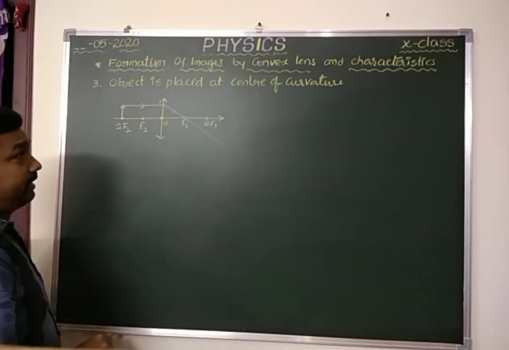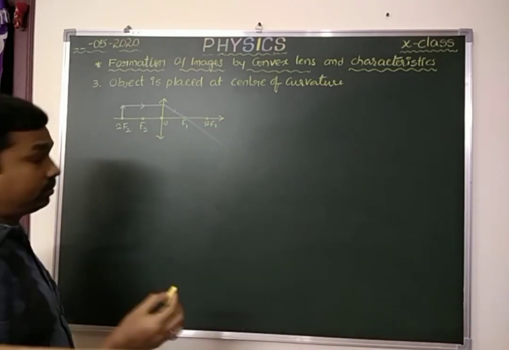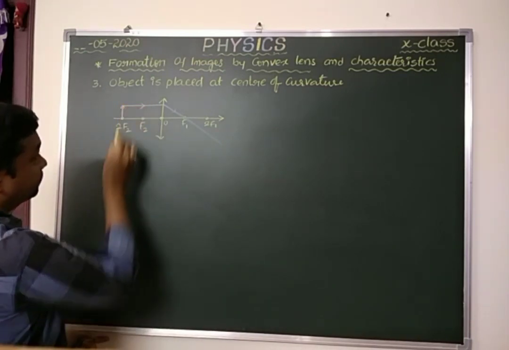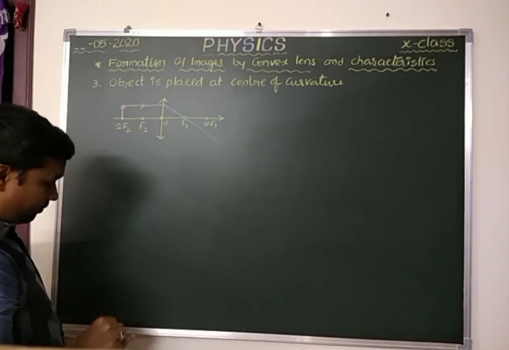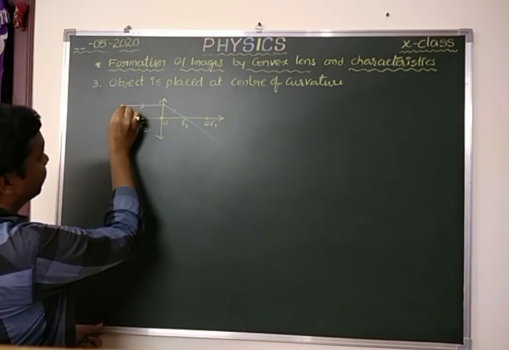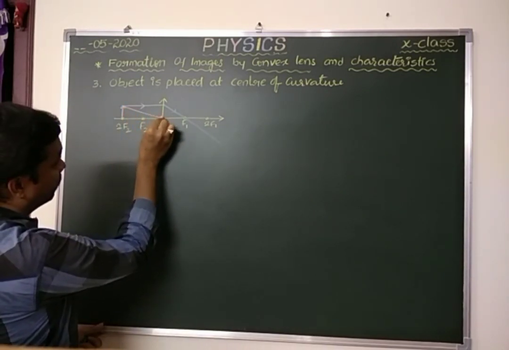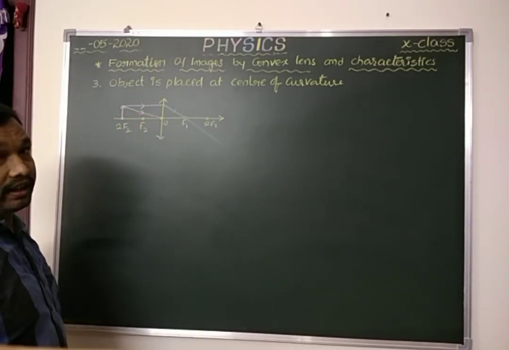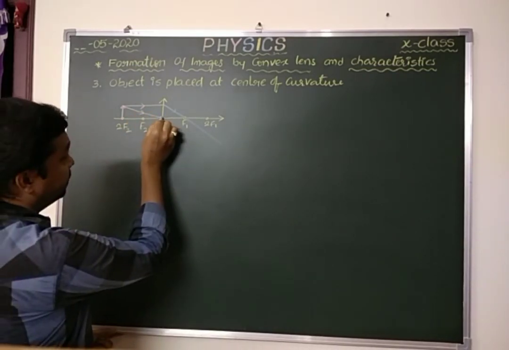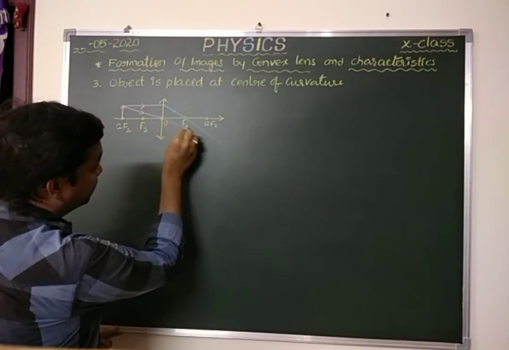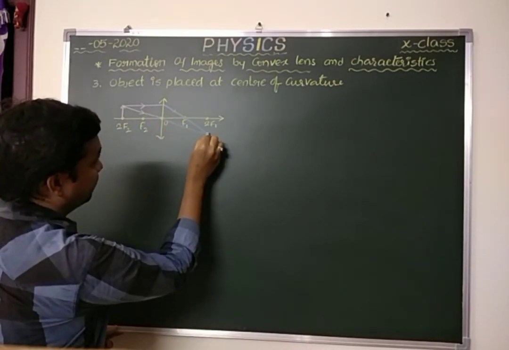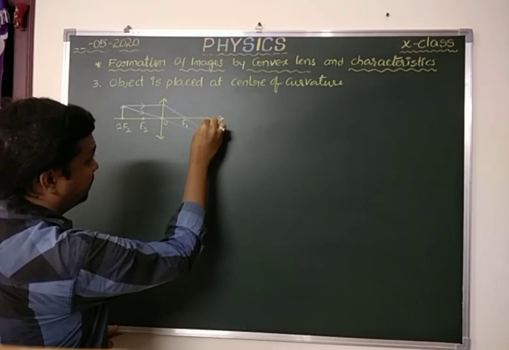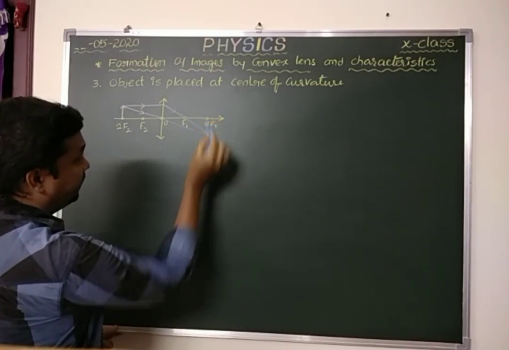And the second ray is passing through optic center. Then what happened to the light ray? It gets refracted without any deviation, it passes like a straight line. Where we are getting the image, this is the intersecting position.